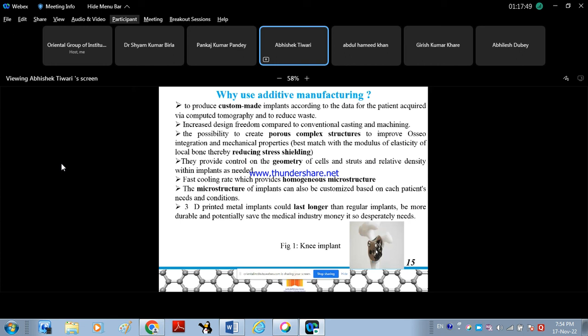If the rate of bone growth is equal to the rate of dissolution of the magnesium implant, then what will happen? We will implant the magnesium implant inside the human body, and as time passes, the implant will dissolve in the body, and the body will regrow the bone.